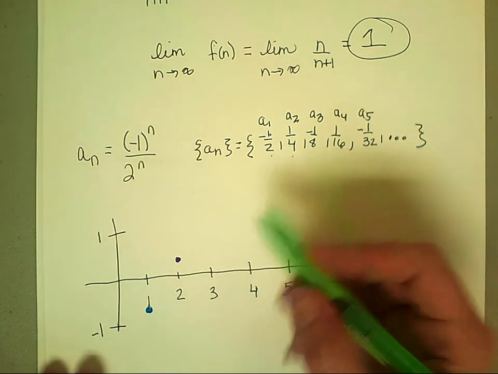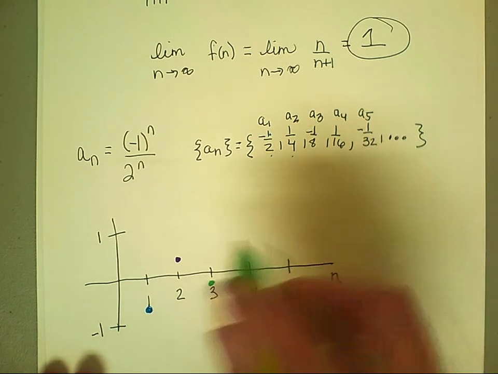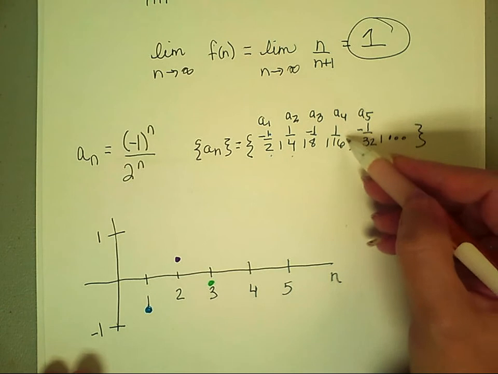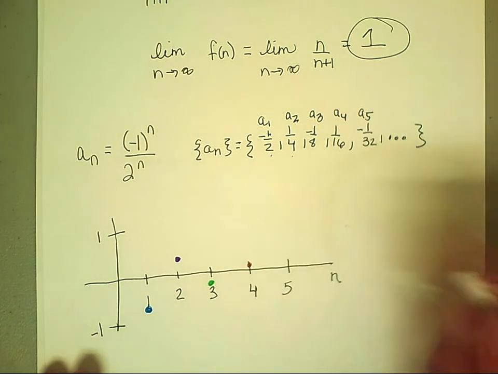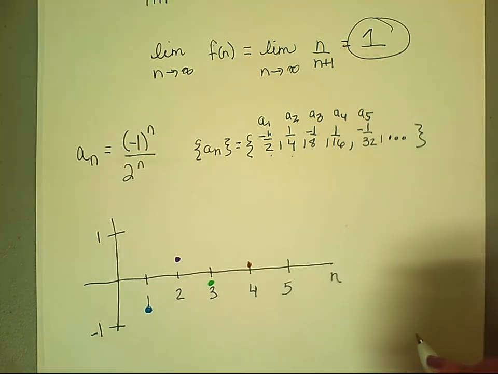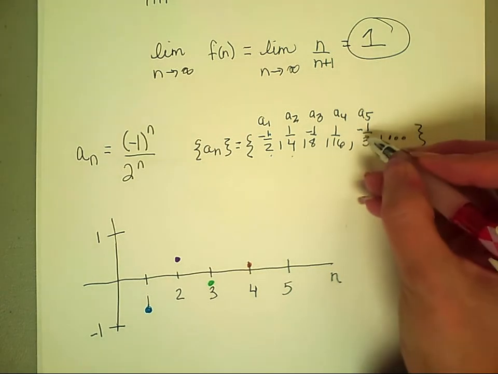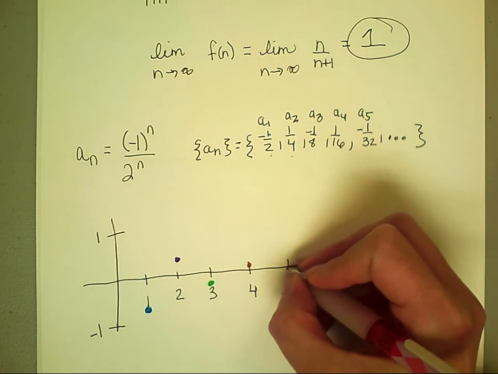For the third term, I need negative 1/8, so that's less and less negative, which would be approximately there. For the fourth, I need 1/16. We're getting very, very close. I hope we can see what's happening here. Now at 5, we have negative 1/32.